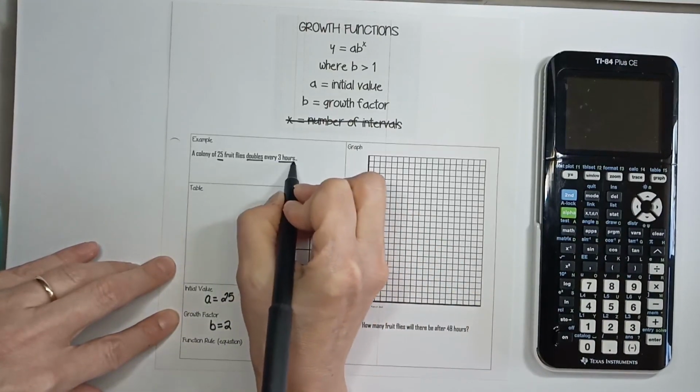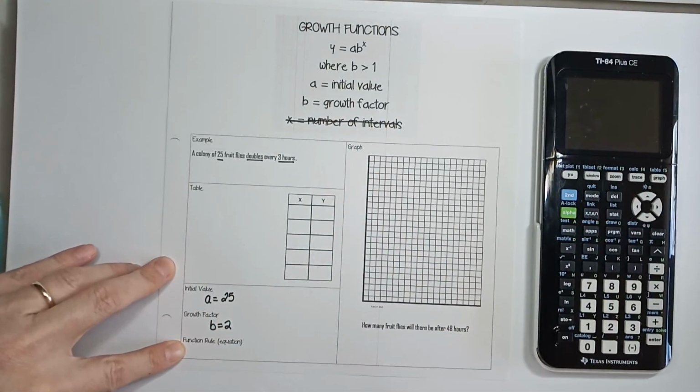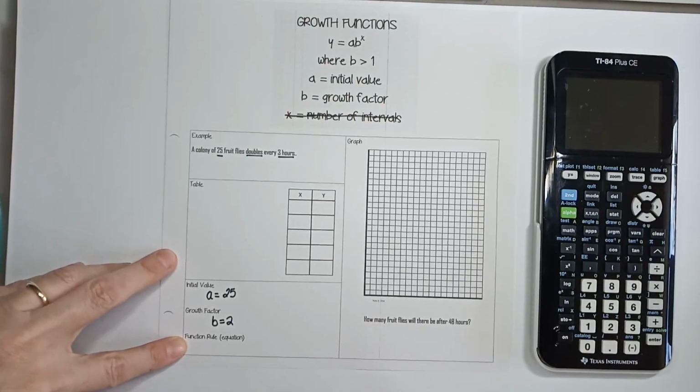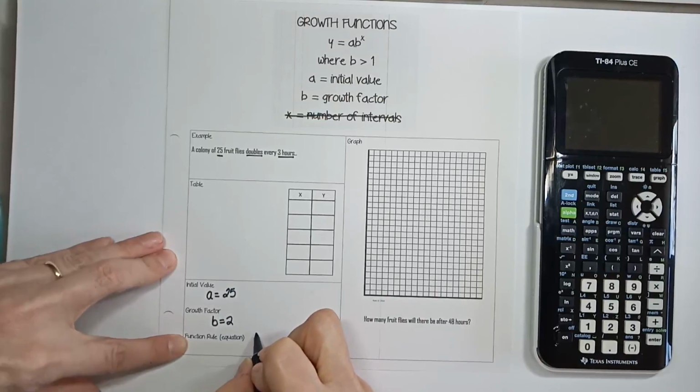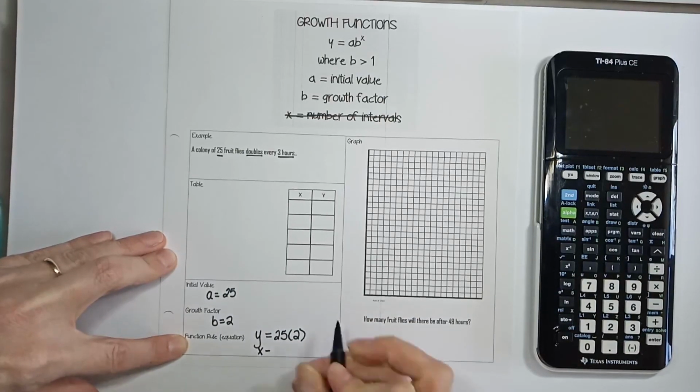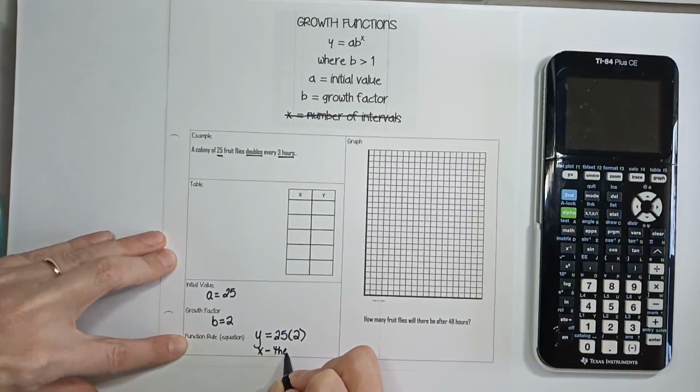Now this is the part where, when we create our function rule, we will need to be careful how the exponent looks. So we're going to say y equals 25 times 2, and instead of just putting an x up there, remember we're going to call x the number of hours.